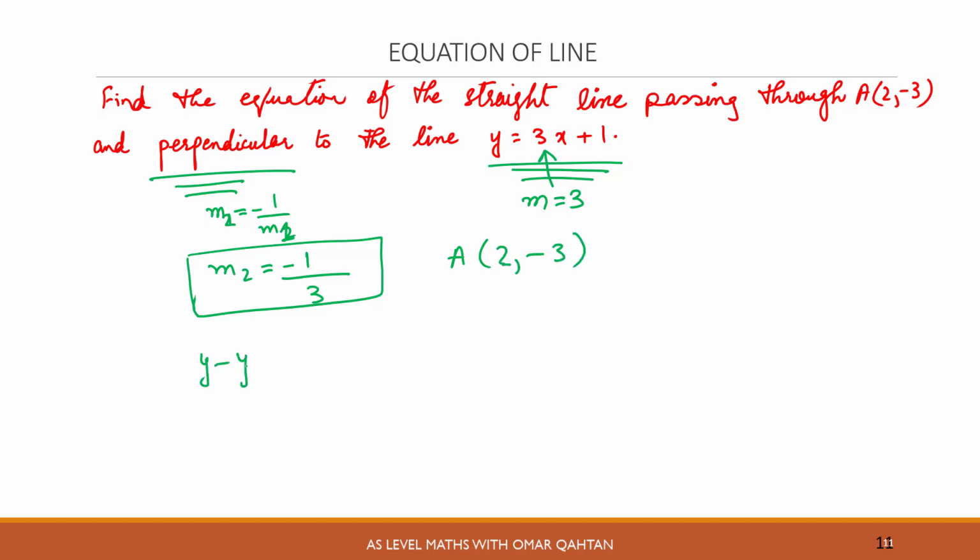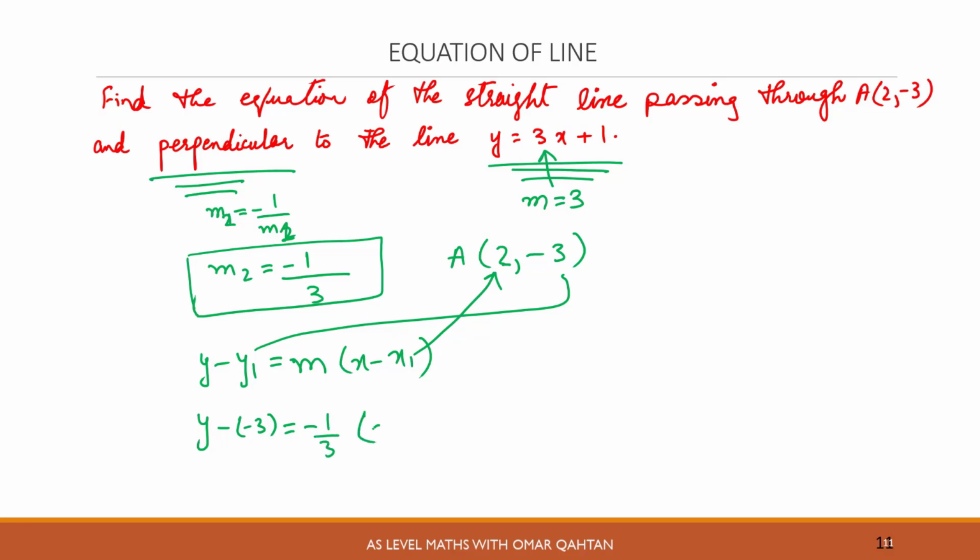So we have this general equation y minus y1 equals m into x minus x1. So y minus minus 3, substituting x1 and y1 from this point A, m equals minus 1 upon 3, and x1 is 2.